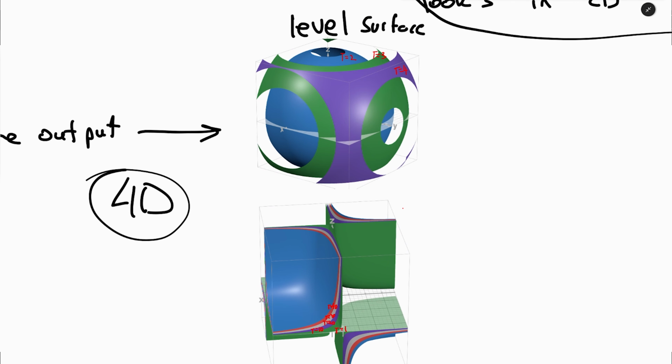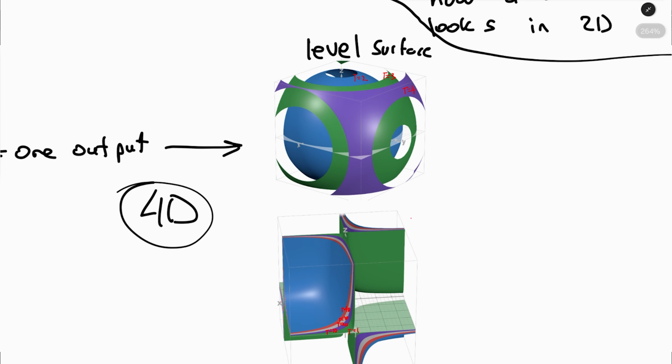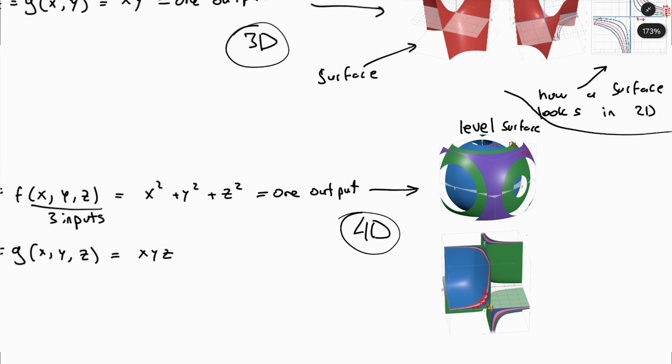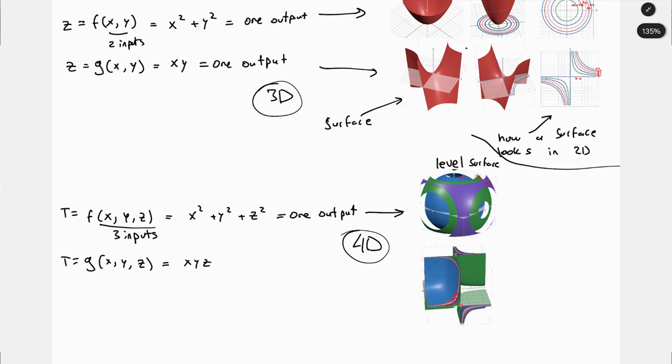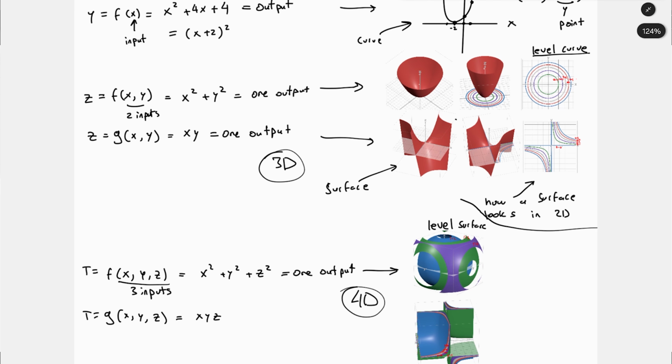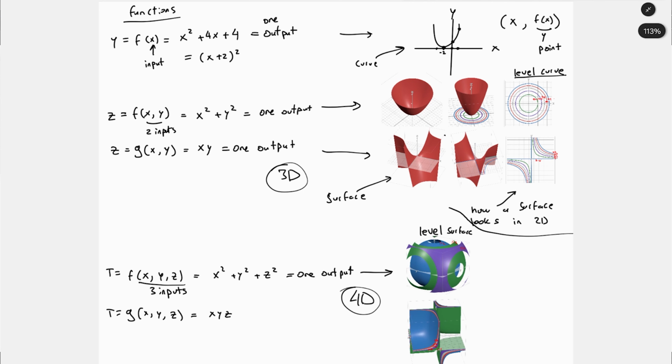So we now hopefully can understand level surfaces. And I don't have the drawing of the 4D function here because it's kind of hard to comprehend, and I don't think there's any reason to understand it, because if we can see the level surface, we can just simply understand the function.